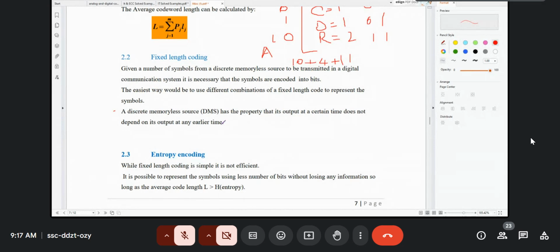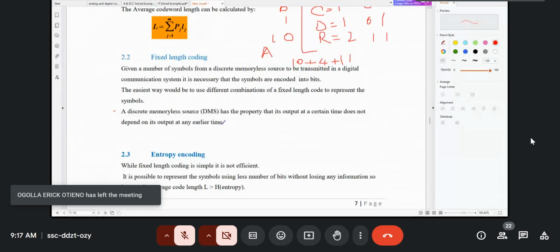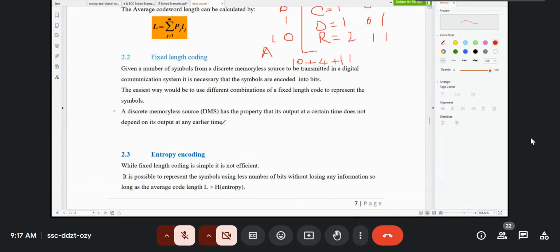But we say again, most of our alphabets or most of our languages, if you are typing on a keyboard in English, may not qualify to be a DMS, because we know U is likely to appear if the last one was a Q. It's more likely to appear if the last output was a Q than if it was A, because A maybe can only come if the word is auxiliary.